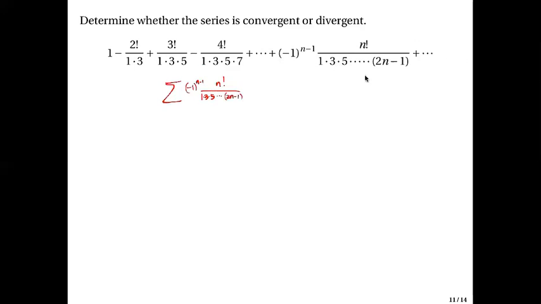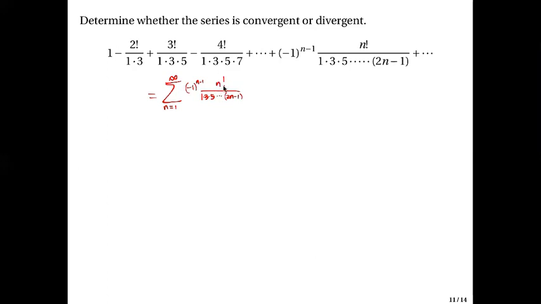And then your n starts with n equals 1. And then this is up to plus infinity. Okay? So, we have seen a similar example in the lecture. This time, we get the reciprocal of this term here.